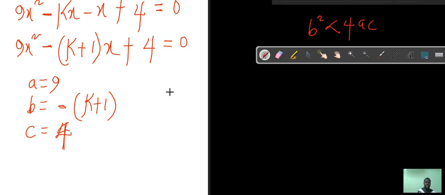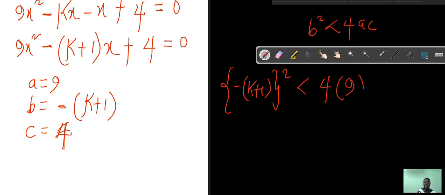Taking that, b squared, that's negative (k plus 1) squared, less than 4 times a, 9, times c, 4. Okay, negative squared gives a positive, so it won't have effect.